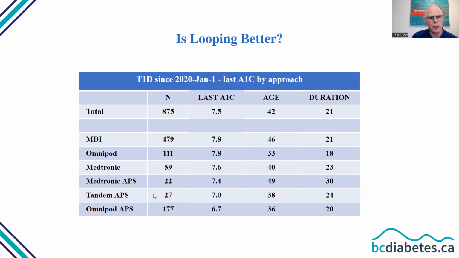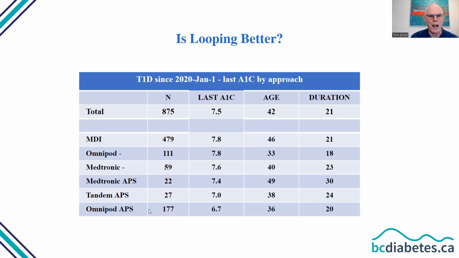We have 27 users of Tandem Control-IQ, and their A1C was 7.8. And then finally, the Omnipod open source APS data that Praveen showed, we've got 177 here. There's a few more since we made those previous slides, but 177 with an average A1C of 6.6.